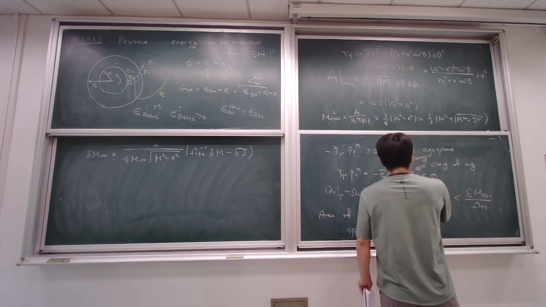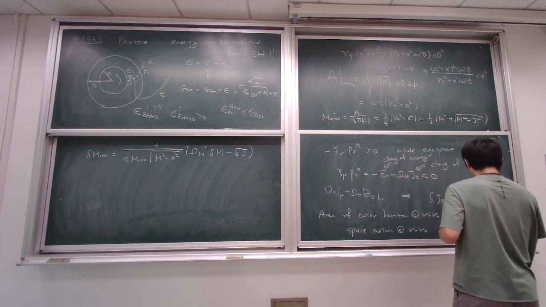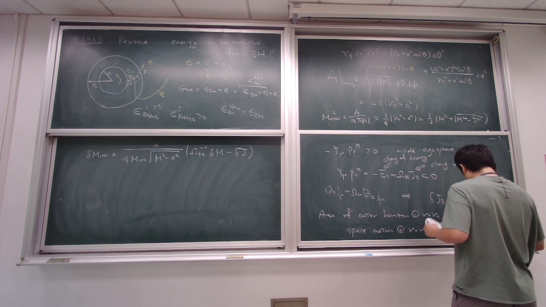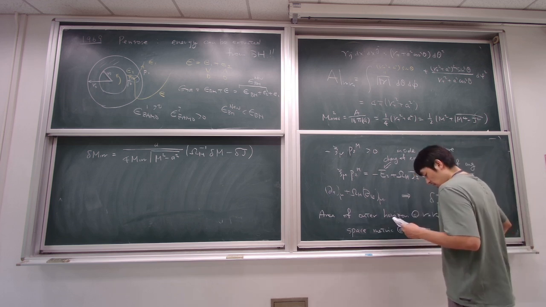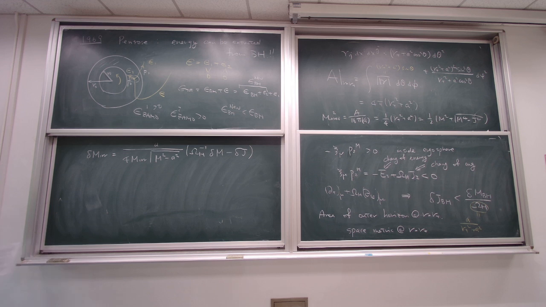So this is omega h, and I just remind you, this is equal to a over (r plus squared plus a squared). This is the angular velocity at the outer horizon. Here, once again, M irreducible is just some quantity that we define. It's not supposed to be anything meaningful right now.